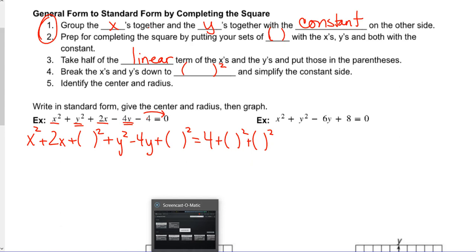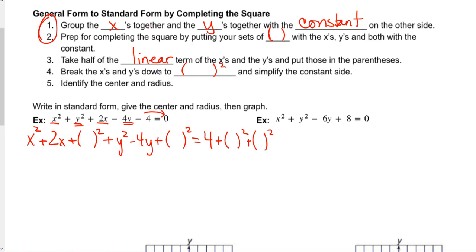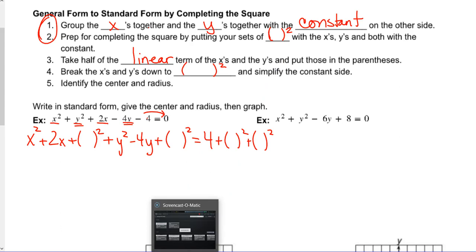So, I know that's long, but it is what you have to do. Okay. So, I can take half of the linear term in the x's and put these in those parentheses. So I'm putting in a set of parentheses squared. I'm going to come back up here and modify that as a quantity squared, because you have to add the square of that to both sides.